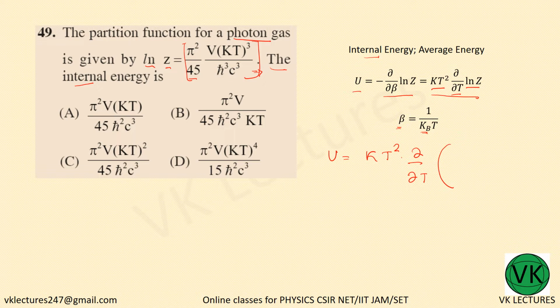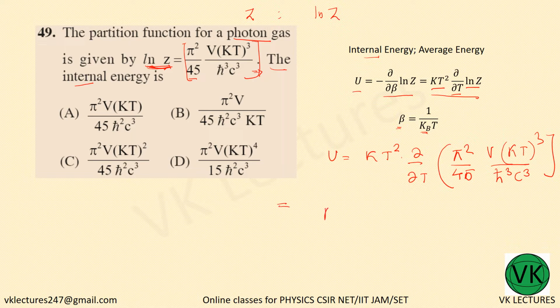What you need in this equation is log z, and here log z is given. So log z is nothing but pi square divided by 45 into V into kT whole cube divided by h cross cube c cube. Now we can take all the constants outside.